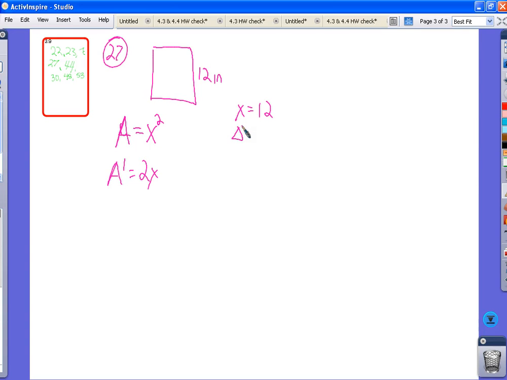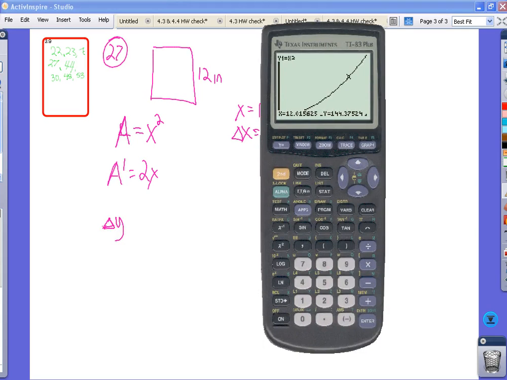And delta x, the little bit we go to the left or the right of x, is what? 1/64th. Okay. And again, what we want to know is delta y. What is the real change between the area we want, which is 144, and the area we might get if we're off? If we're off by positive 1/64th, we could get up to this much area, 144.37524, and so on.